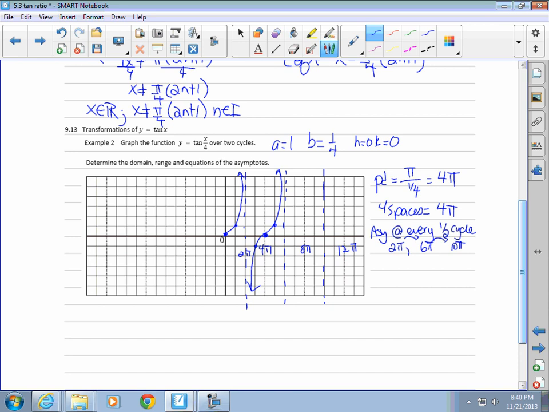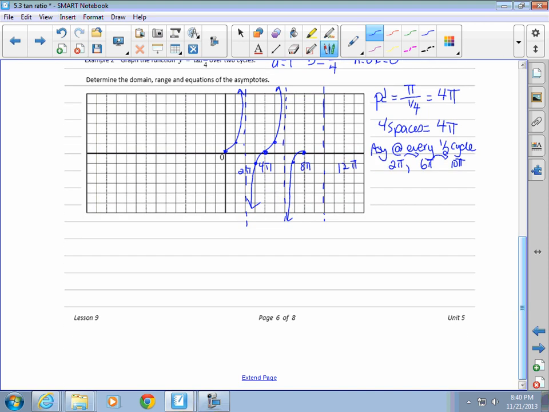At 8 pi, it's at 0. Excuse me. At 7 pi here, it's going to be -1. So I've now completed 2 cycles. It's done. I don't have to do the rest of it, but I could if I wanted to.